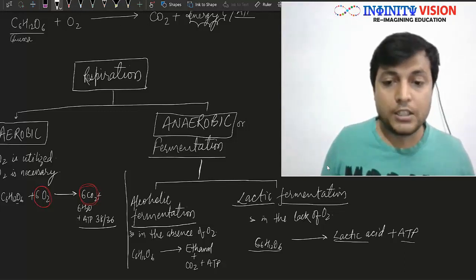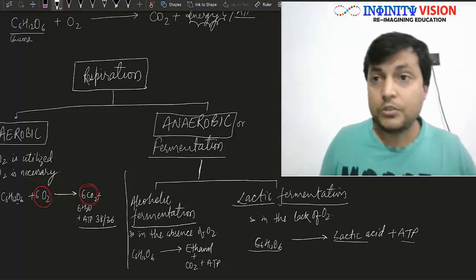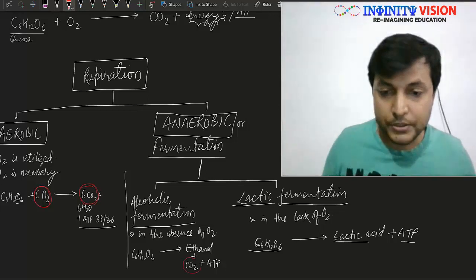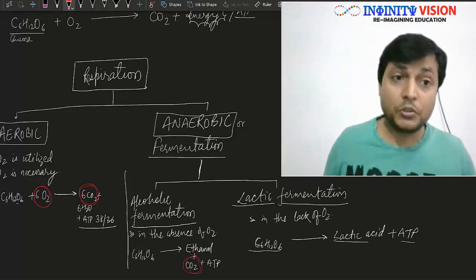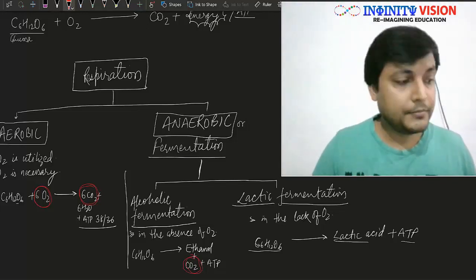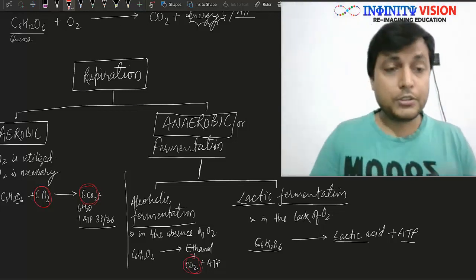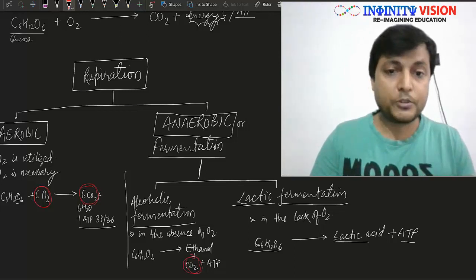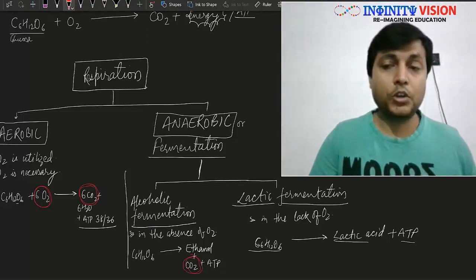But in case of alcoholic fermentation, O2 is not required, but CO2 is produced, and this CO2 needs to be released into the atmosphere. Similarly, in case of aerobic respiration, O2 is required and CO2 is to be released. So out of 3 different types of respiration, two have involvement of gaseous products. The lactic fermentation has no involvement of any gaseous molecule.